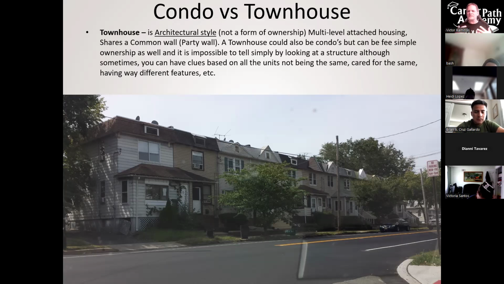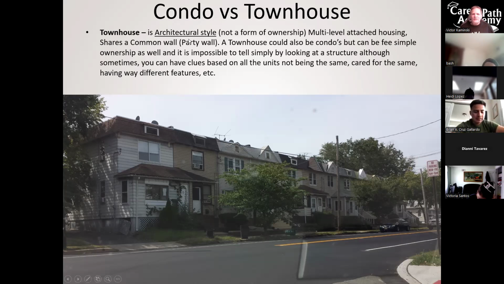You have to submit an application to get a complex approved in order to get FHA loans or VA loans. The complex needs to be approved first. But in a duplex, it may be just fee simple ownership. There is no HOA. And then you've got to give them a note explaining that. And once you get them to agree to it, then they could agree to give you that loan.